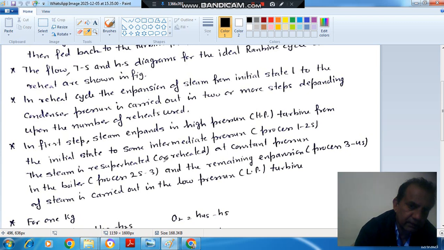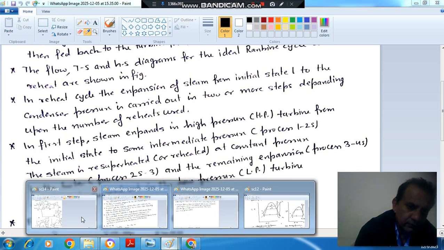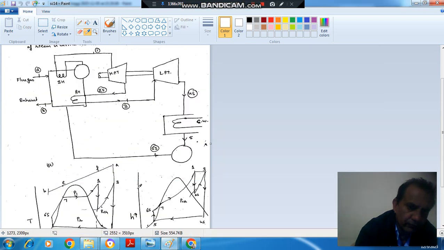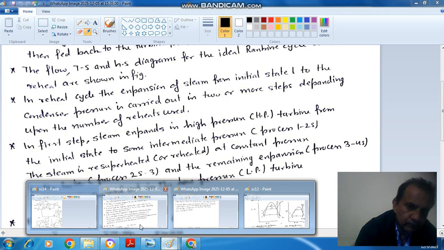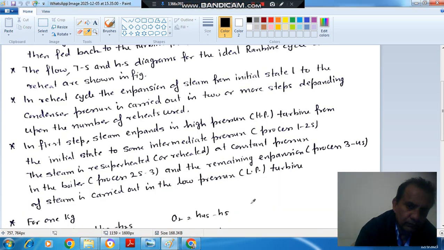The steam is reheated at constant pressure, process 2s to 3, and the remaining expansion, process 3 to 4s, of steam is carried out in the low pressure turbine. So this is 1 to 2s, this is 2s to 3, and this is your 3 to 4s.